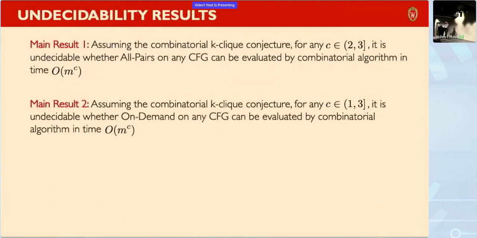Let me highlight the last set of results that I have, on undecidability. We have two different results where we show that, assuming the combinatorial K-clique conjecture, depending on whether you have the all-pairs problem or the on-demand problem, it is undecidable whether a particular CFG reachability problem can be solved in m to the c time, where c belongs to these two different ranges, depending on which setting you are in.